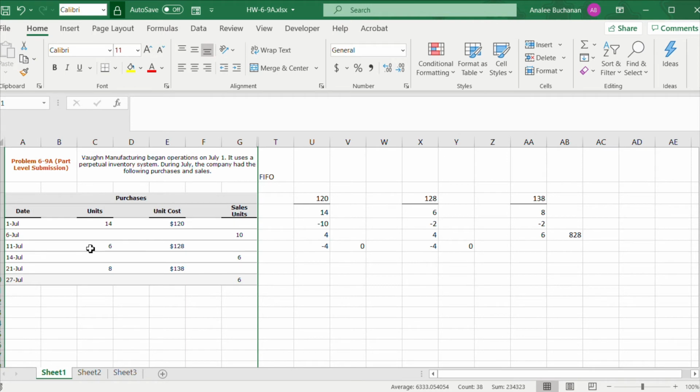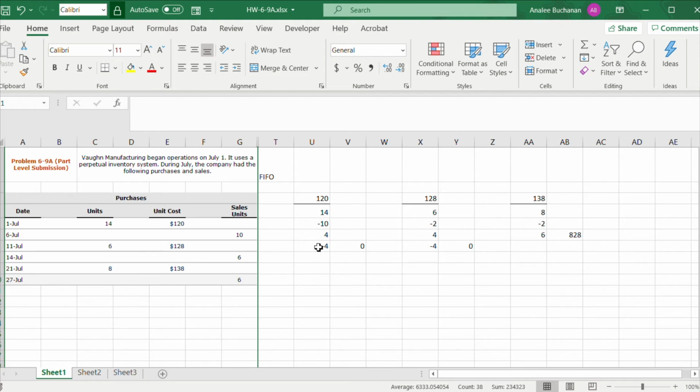And then we get 6 units in, but they are at 128. So I listed them in a separate column. And then we sold 6 units. So we're going to sell the first ones that came in first.